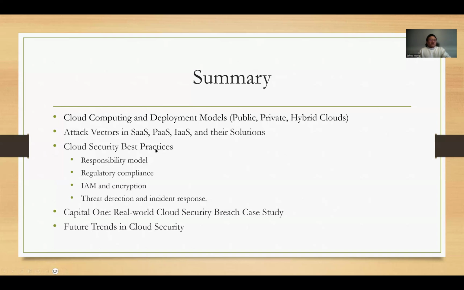Then we talked about best practices in cloud security, like the shared responsibility model, regulatory compliance, IAM, and encryption, and also talked about threat detection and incident response. We also did a review of a real-world cloud security breach, Capital One in 2019, and then we explored future trends in cloud security. That's all. Thank you.